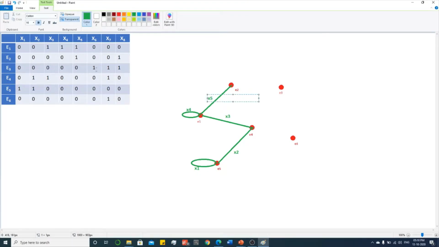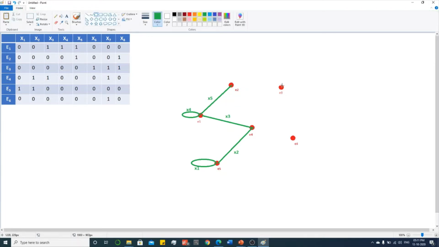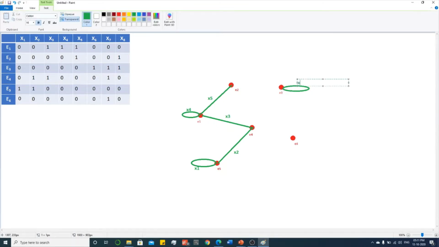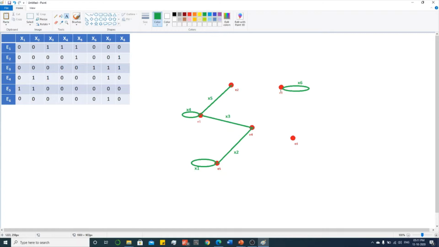X6 is E3. This is E3. So like this, it is x6. X7 is connected to 3 and 4. Let's draw a line, and then it's connected to E6 also.